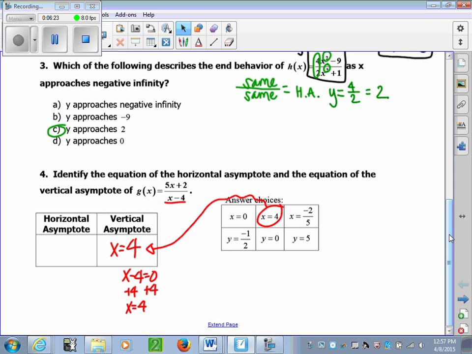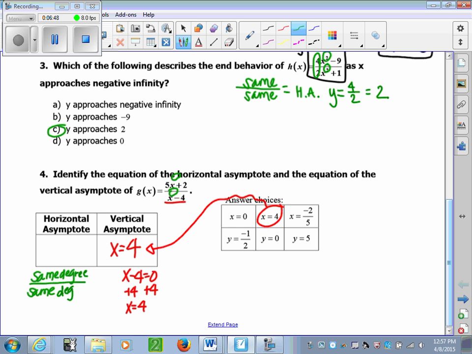Now my horizontal asymptote, again, I'm looking at my degree over my degree. My degree of my numerator is a 1, because I don't see a number in the exponent here, so it's a 1. Degree of my denominator, again, it's x to the first. So 1 over 1, so I have same degree divided by same degree, or as I wrote in the last problem, same over same.